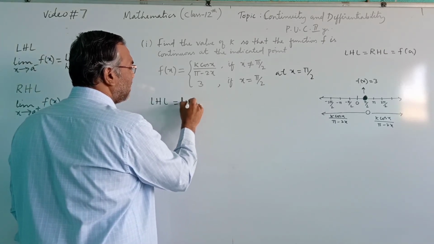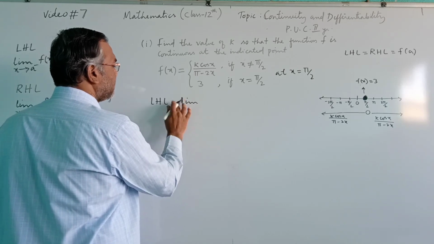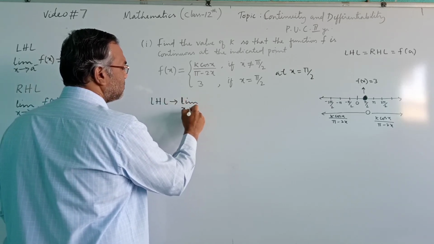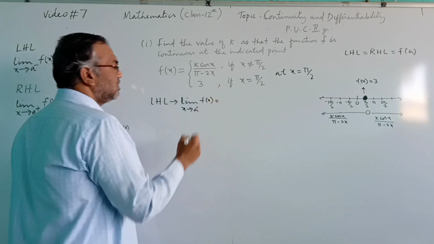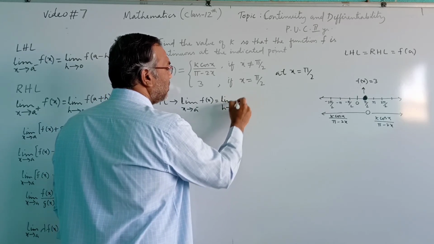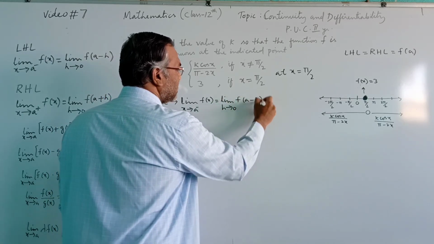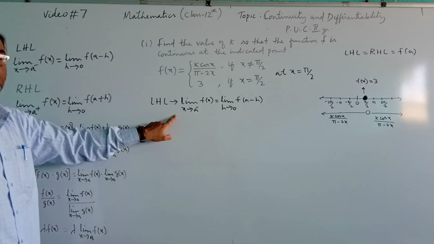Now the left hand limit formula: limit x approaches a from the left of f of x is equal to limit h tends to 0 of f of a minus h. This is the formula of the left hand limit. I have already shown you, right?